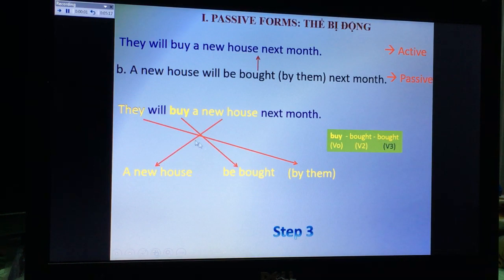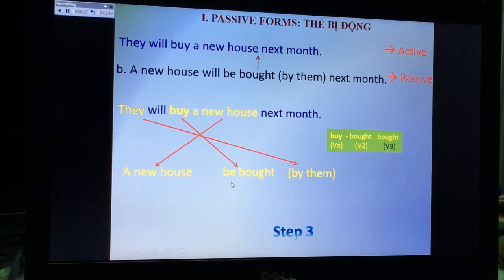And the next step, the verb buy. Yeah, the verb buy, we have an irregular verb, buy, bought. So V3, we don't use V0 or V2. And buy becomes be bought. Because this sentence has will, after will, we use a V0 form.